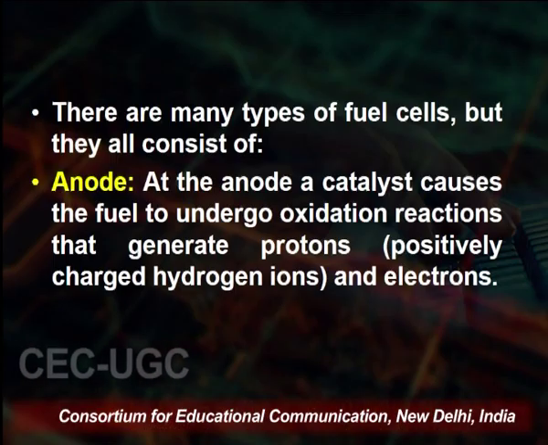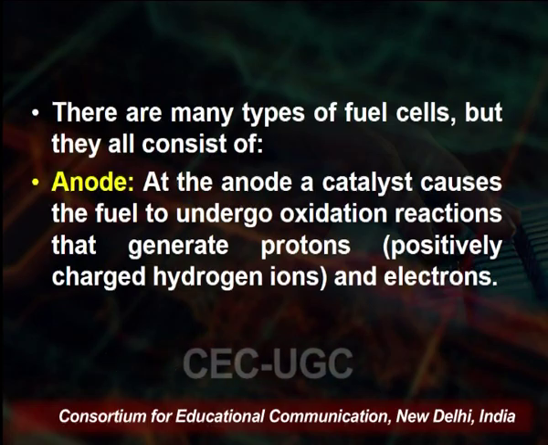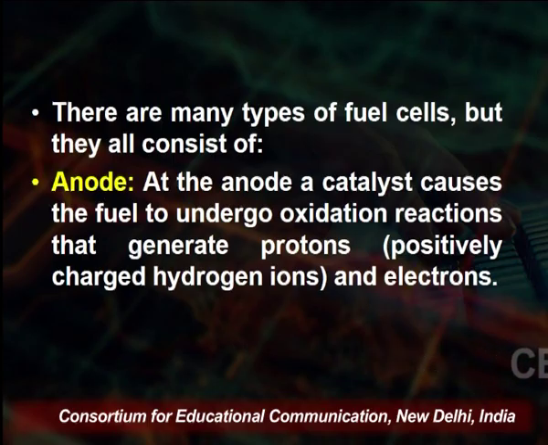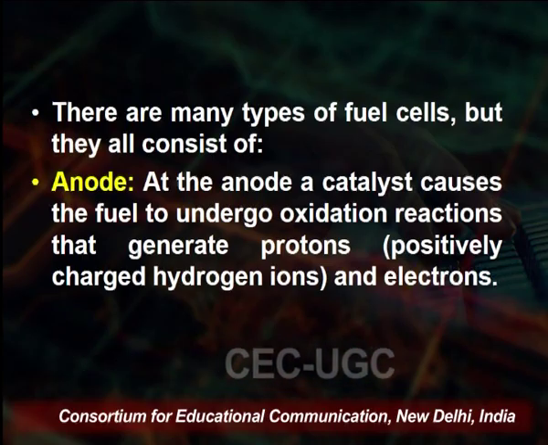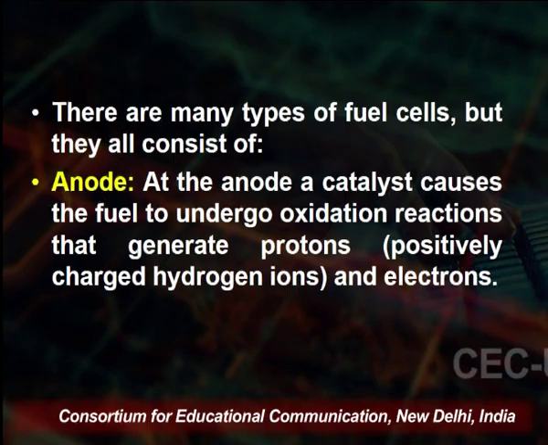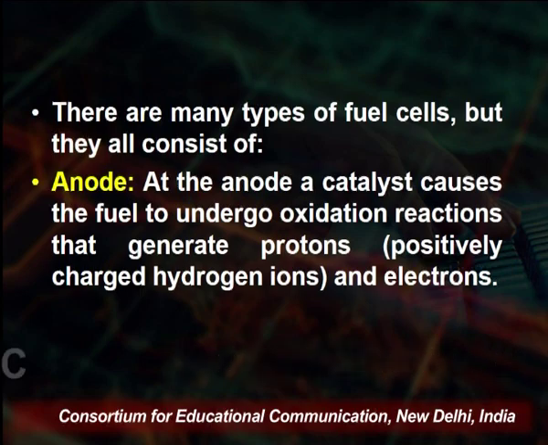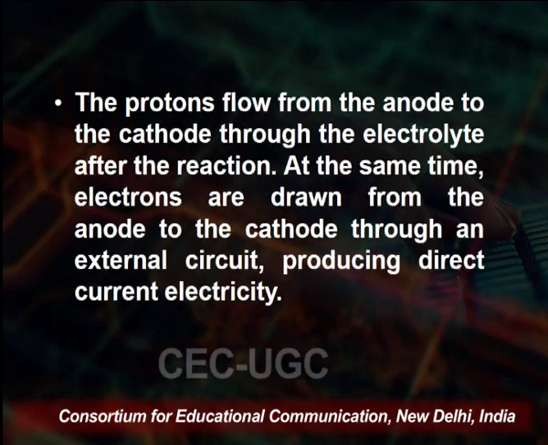Now, there are many types of fuel cell, but they consist of three parts. Number one is the anode, second is the cathode, and third is the electrolyte. At the anode, a catalyst causes the fuel to undergo an oxidation reaction that generates protons, positively charged hydrogen ions, and electrons.